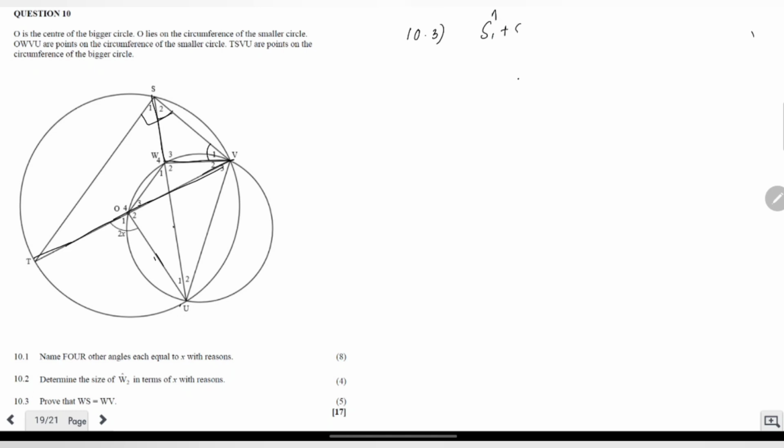Angle S1 plus S2 is equal to 90 degrees, because the diameter TV. Reason is angle subtended by the diameter TV. If it is a diameter, it is always subtending a right angle at the circumference of the circle.